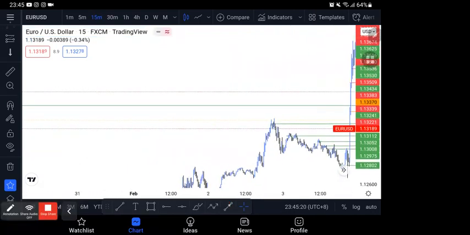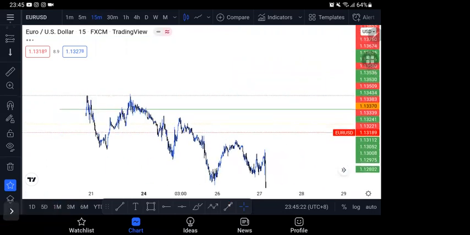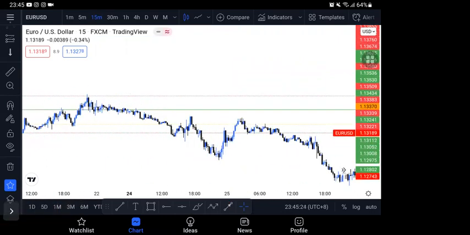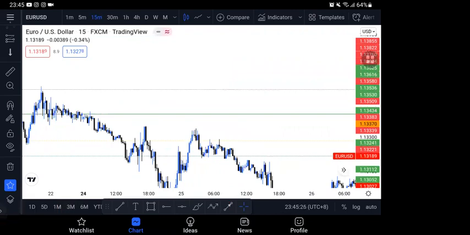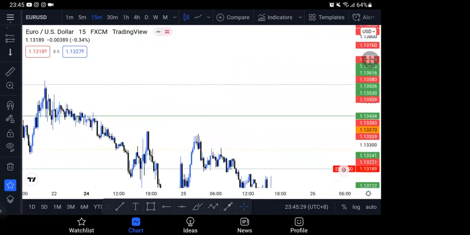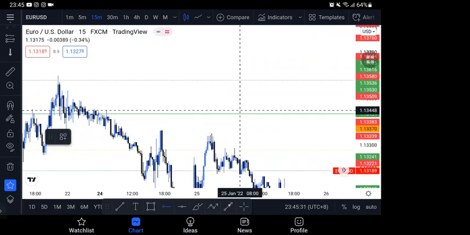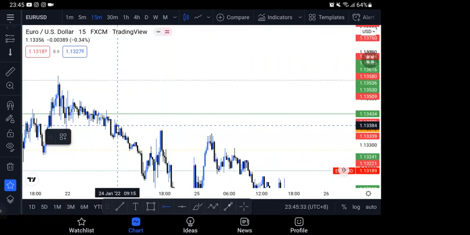So just find the key level. There is a lot. Just pick which one you need. The reason why some people are using only the bigger higher time frame is because they don't want to get confused with the key level.